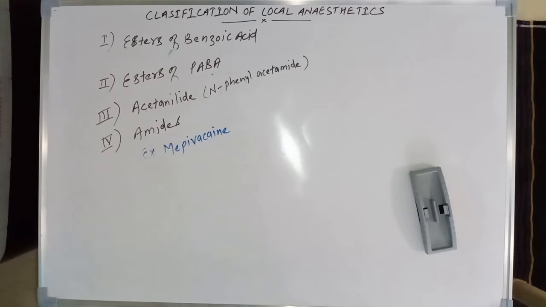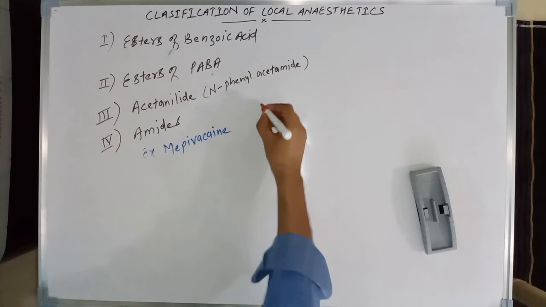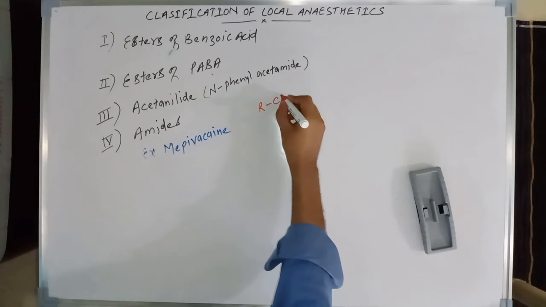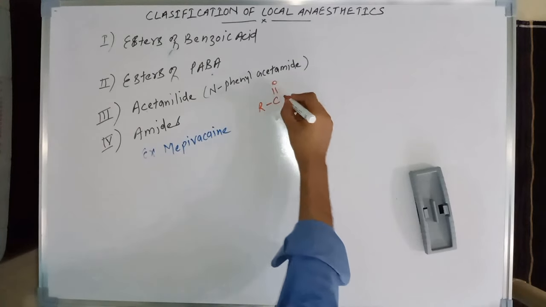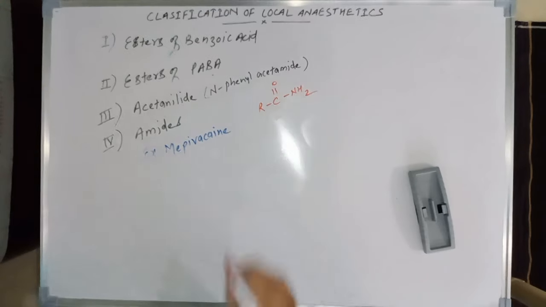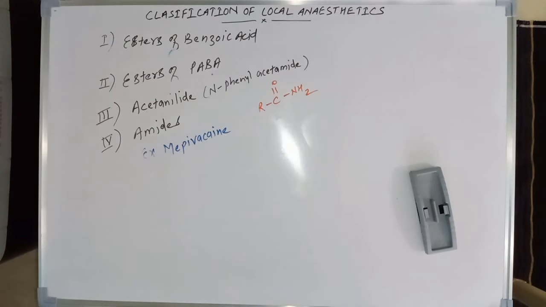Mepivacaine comes under the class amides. First of all, we will see the structure of mepivacaine. Amides have the general formula RCONH2. This is the general formula of amides.